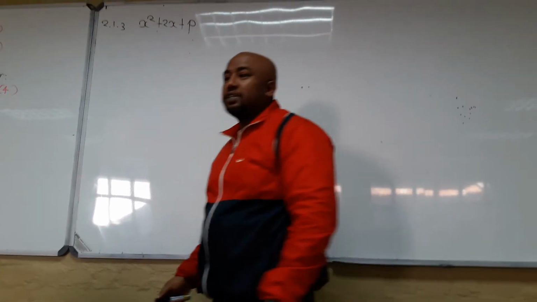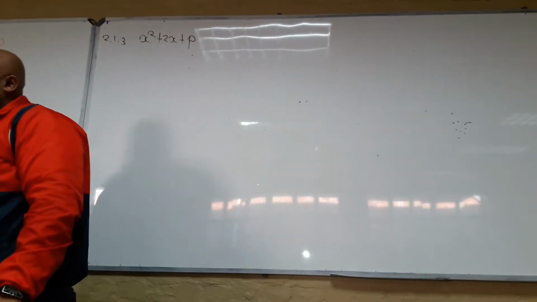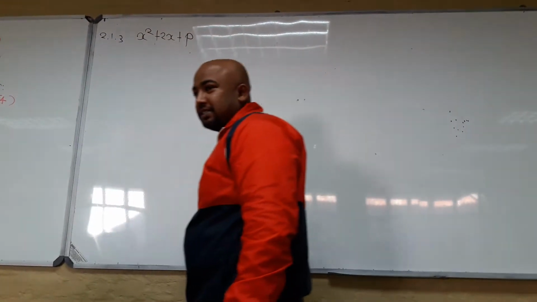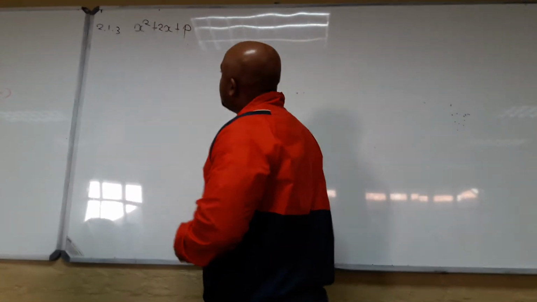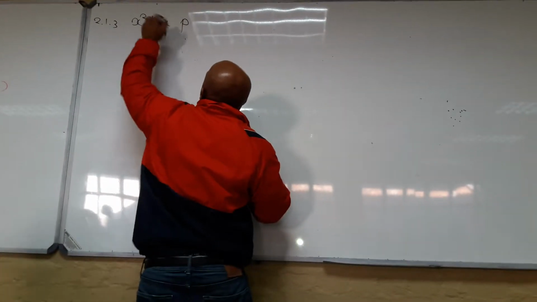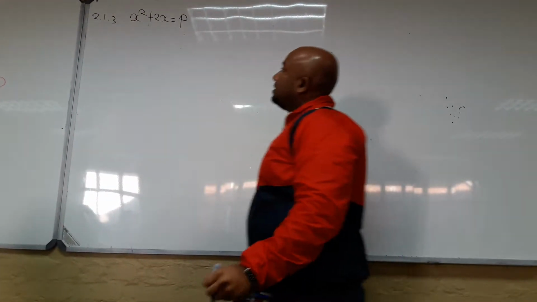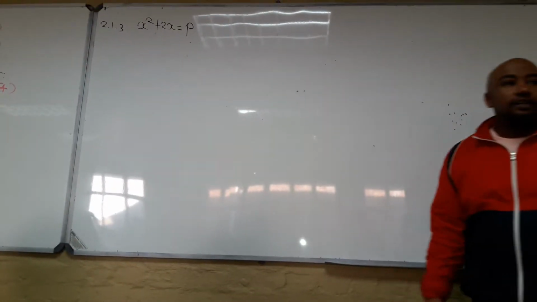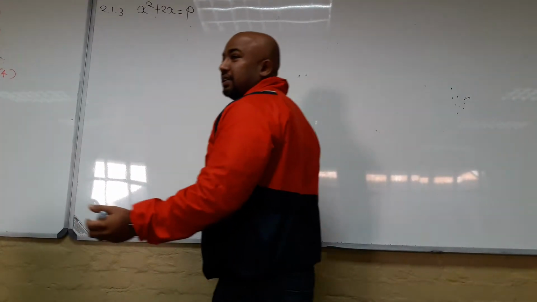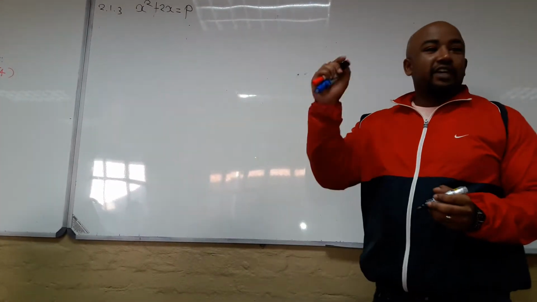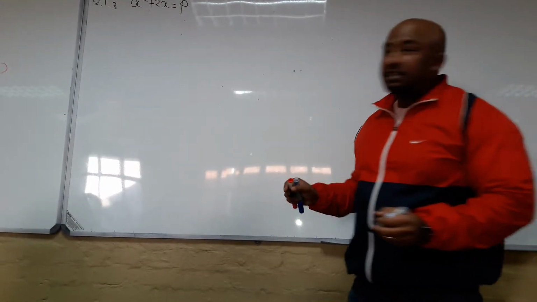Alright, so first question here, solve for x by completing the square. Right, so completing the square, we first need to make sure the coefficient of x squared is a positive 1.